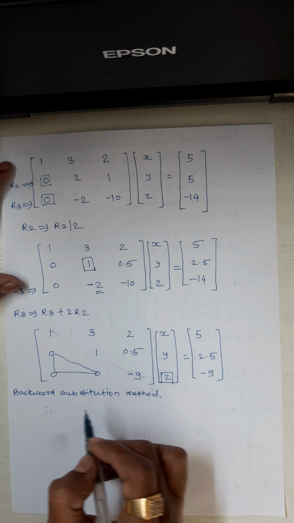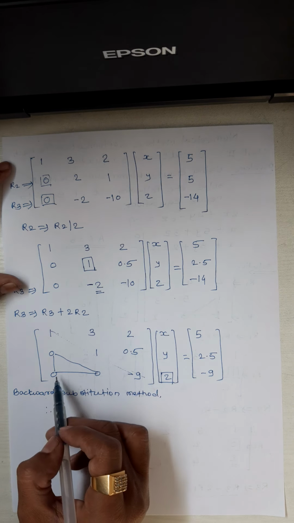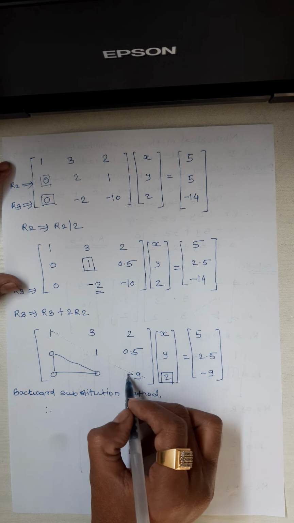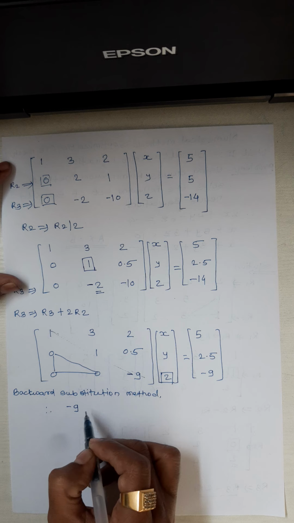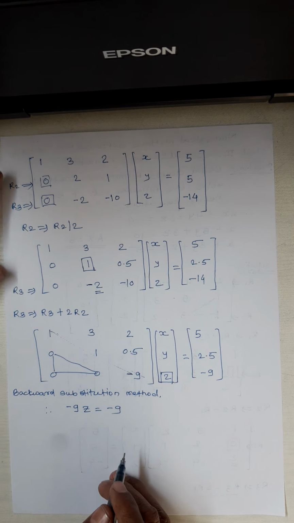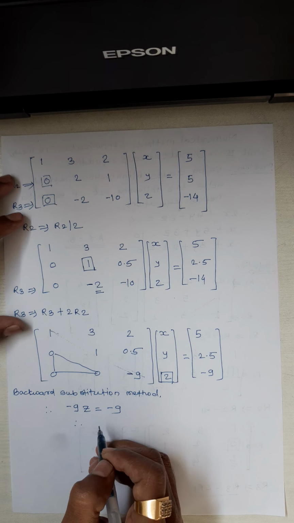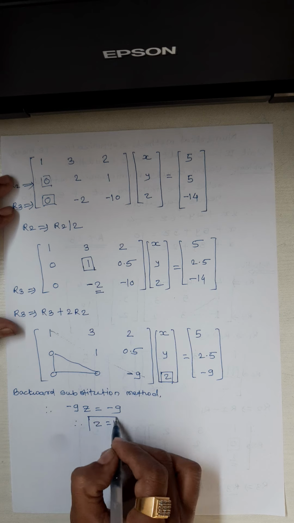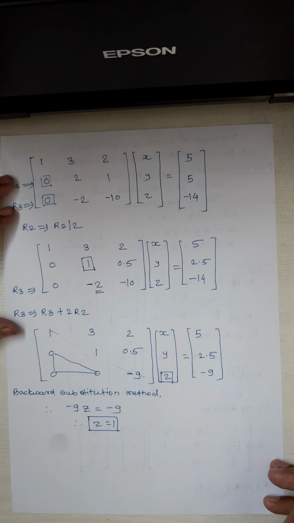We know that the backward substitution method is nothing but 0 into x plus 0 into y minus 9 z is equal to minus 9, means the answer for z is equal to 1. z is equal to 1.